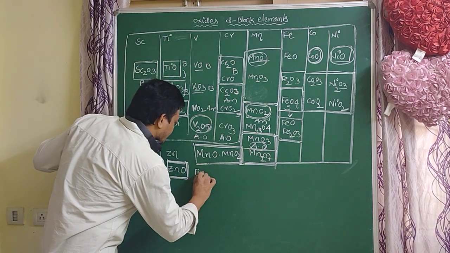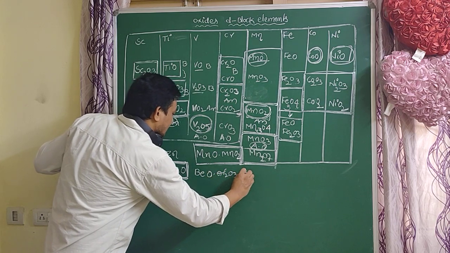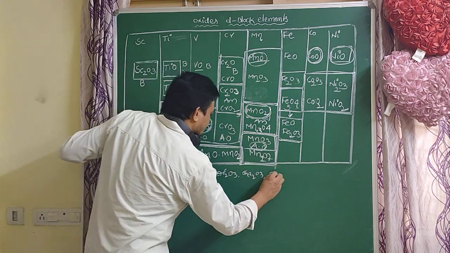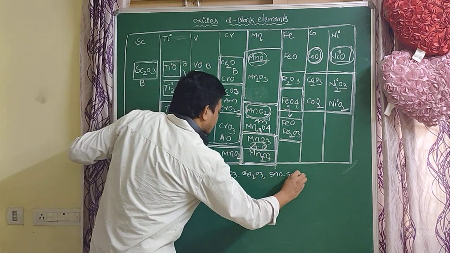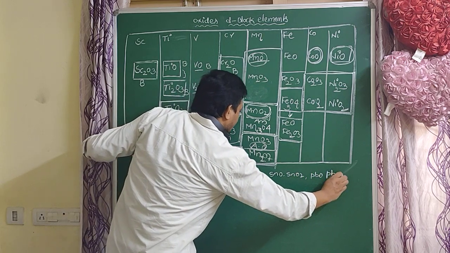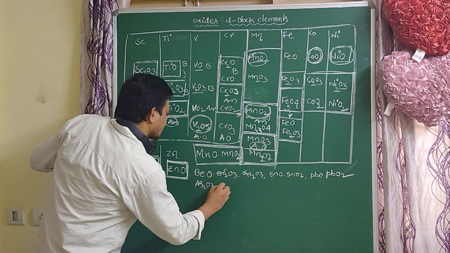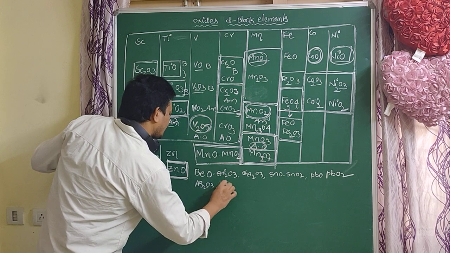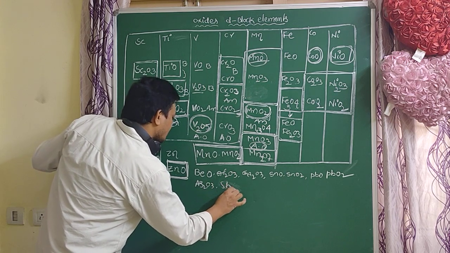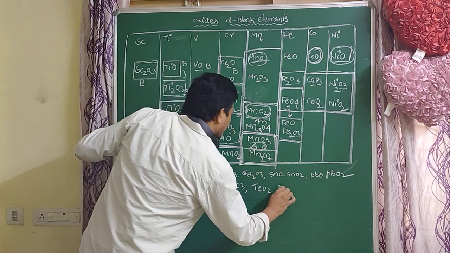We already know BeO from the earlier video. Others are Al2O3, Ga2O3, and from the fourth group SnO, SnO2, PbO, PbO2, then As2O3, Sb2O3, TeO2, PoO2.